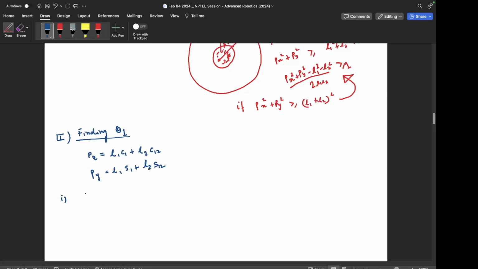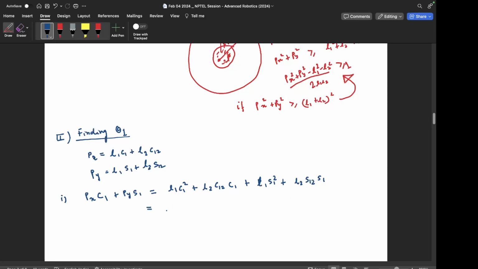So first step, what we do is we multiply the first equation by c1 and the second equation by s1, that is sine theta 1, and what we will get is L1 C1 square plus L2 C12 C1 plus L1 S1 square plus L2 S12 S1, right?